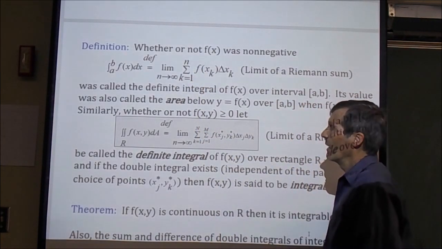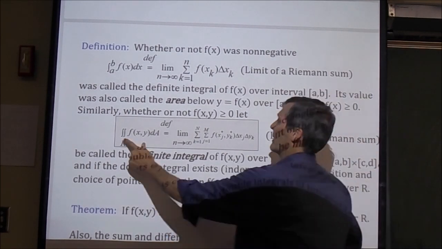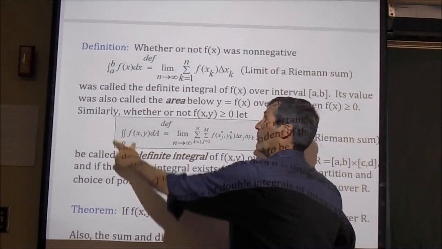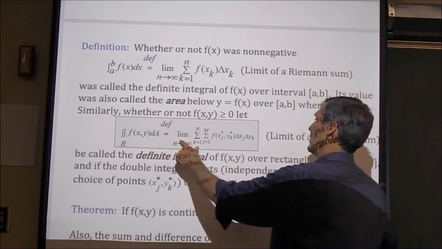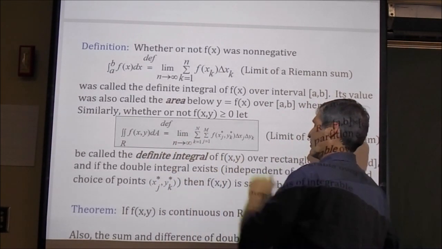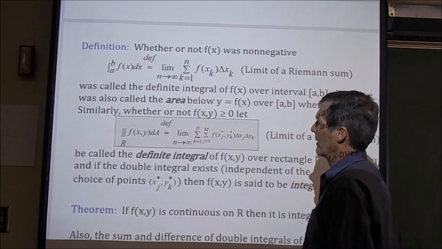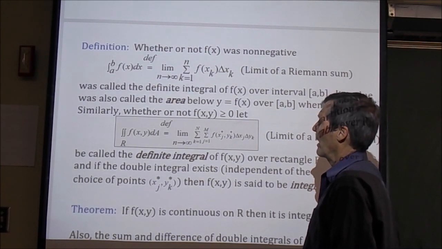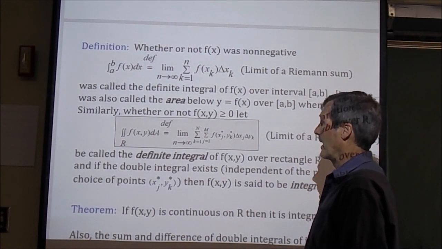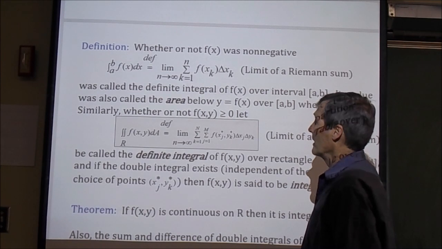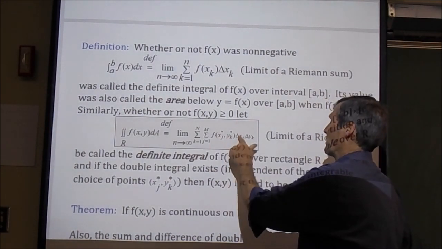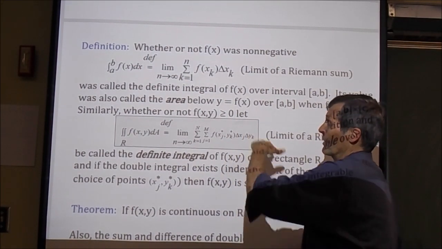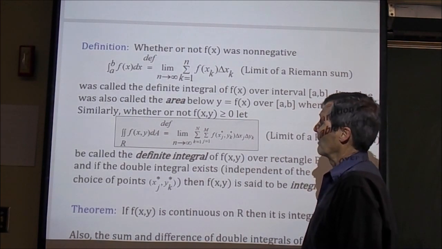Similarly, we're going to define the double integral as the limit of the sum of the rectangular box volumes that we just wrote. If f is negative, this will be a negative times a positive, which gives us minus the volume below the xy plane.